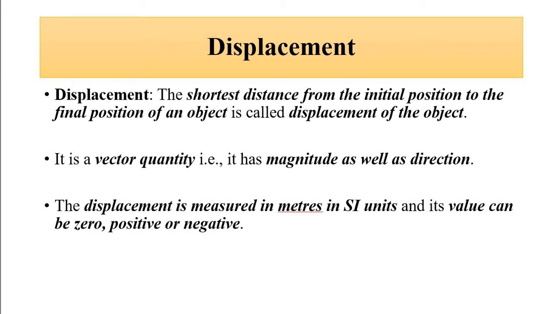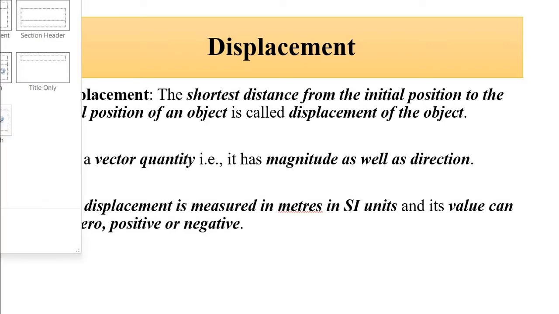For a vector, we have the concept of a negative vector, a vector drawn in the opposite direction. We have discussed it in the basic concepts of vectors. Let us say we have a vector v like this. Then we can have a vector drawn in the opposite direction, minus v.